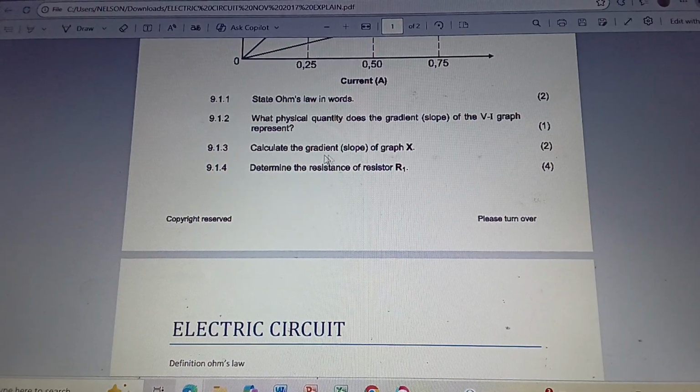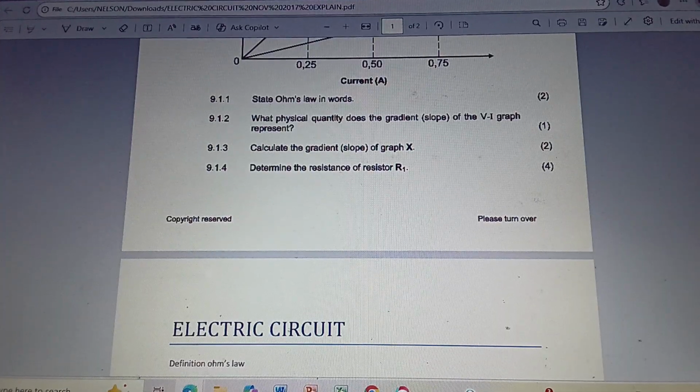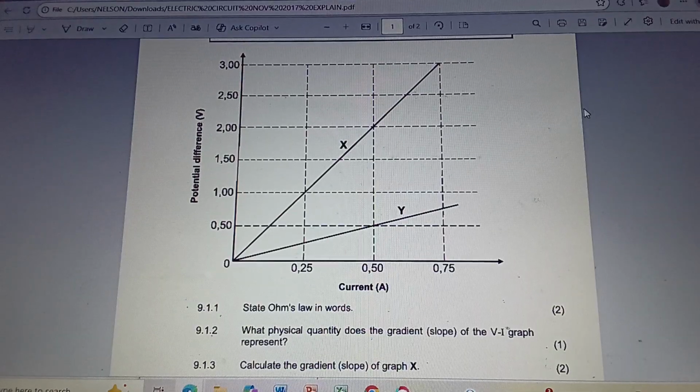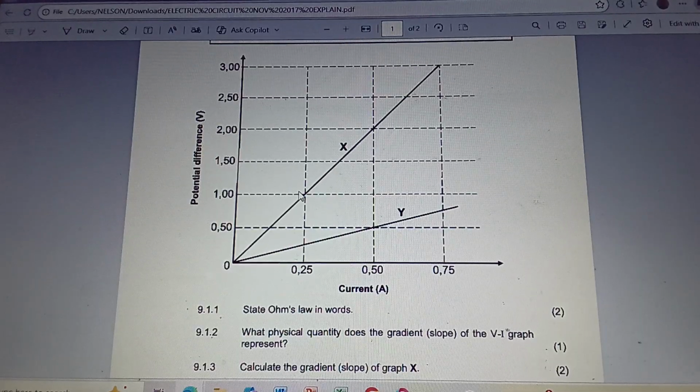Okay, now 9.1.3: calculate the gradient (slope) of graph X. This is our graph X. We need to calculate the gradient. So to calculate the gradient, you need to find 2 points within this graph.